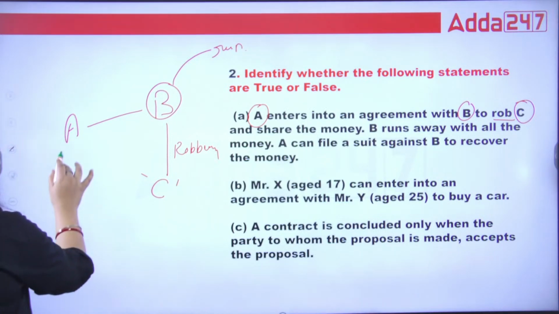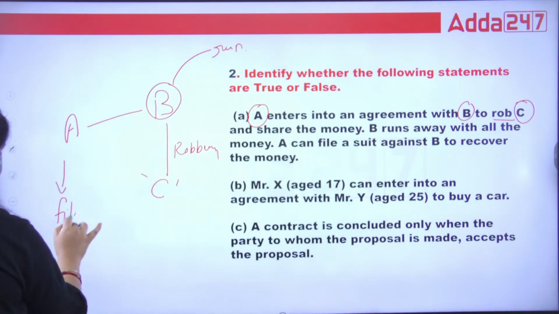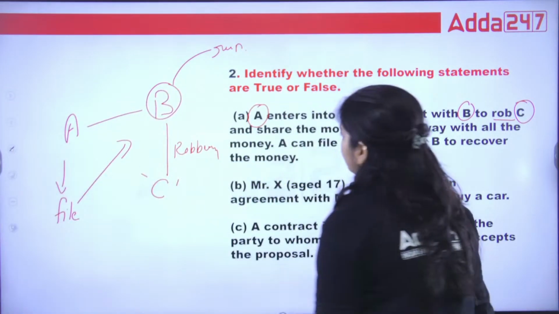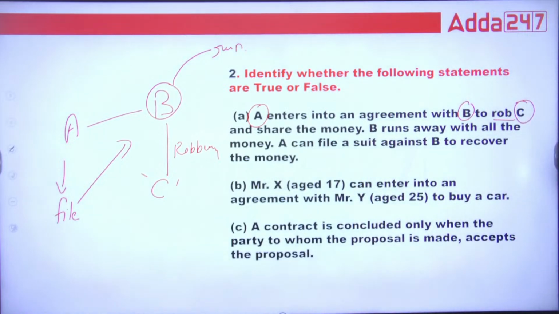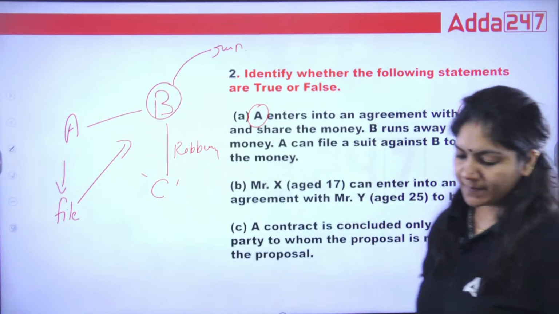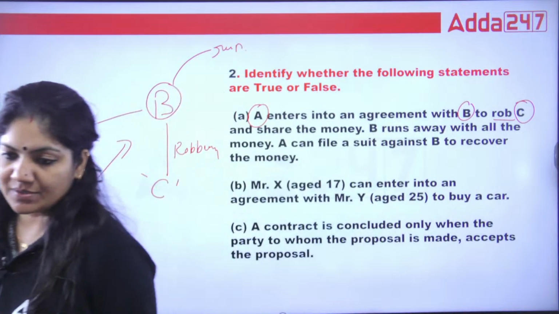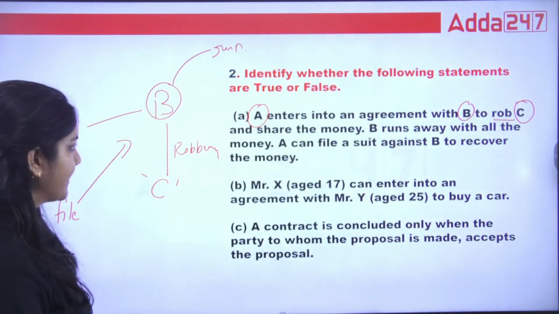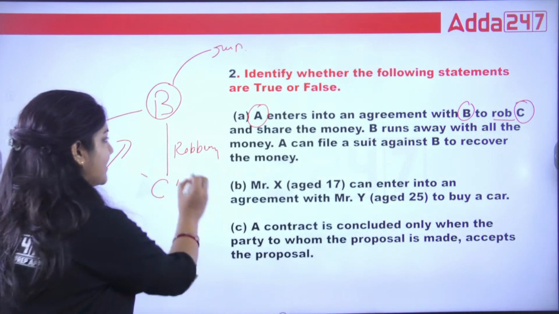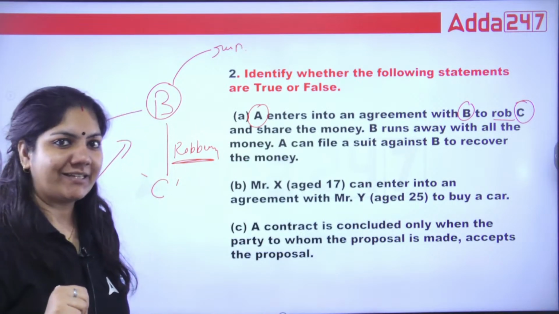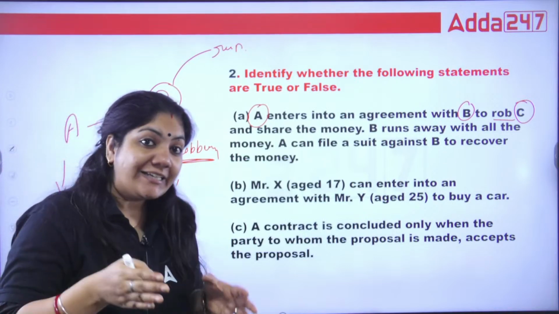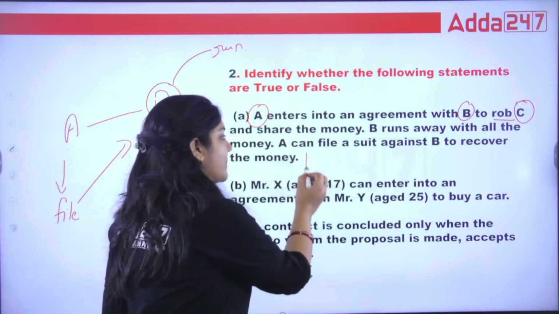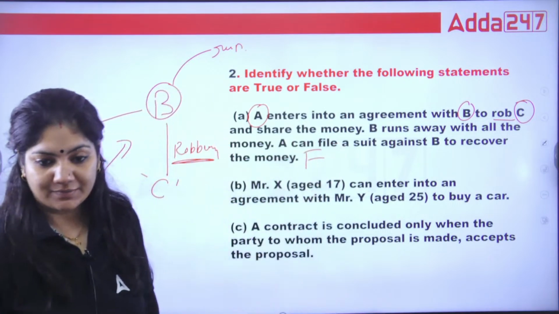So class, tell me, can A file the case against B? That is true and false. These are very important questions. Excellent, Shahishta ma'am, excellent. So class, in that case, robbery is an illegal thing and you are making a contract of an illegal thing, so he cannot file the case. The answer is no. That is the false one.